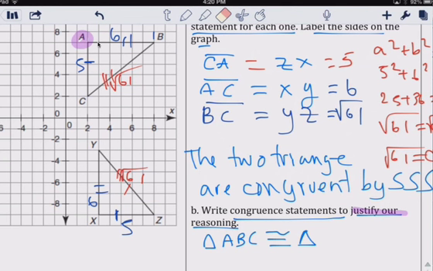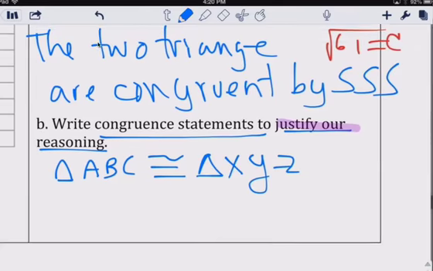A is X, sorry. A is X, B is Y, so this B is this Y, and Z is here, C, Z. Make sure, right. Justify your answer.